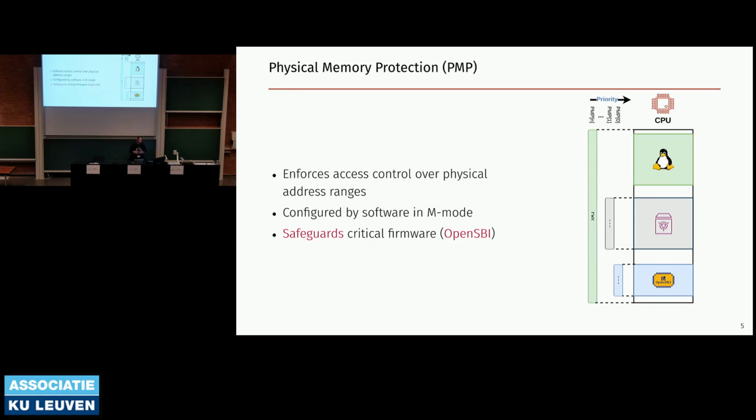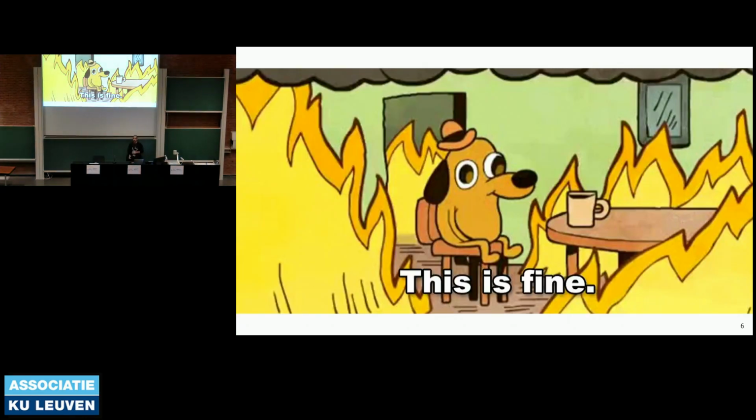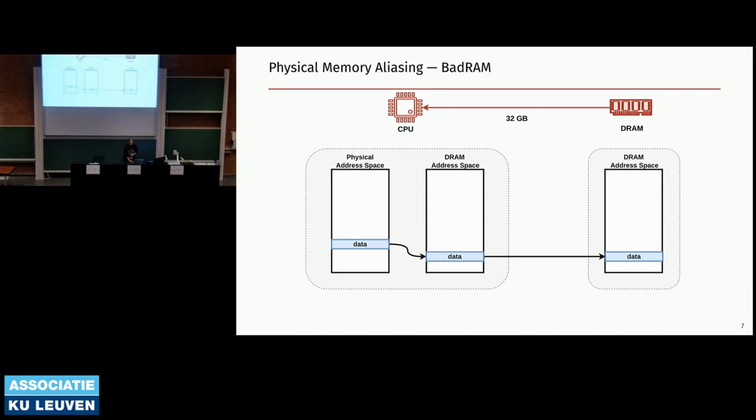And so far I mentioned an ISA isolation mechanism that operates on physical addresses, and I've also mentioned a primitive that also messes with physical addresses and creates physical aliasing. So this should be fine. There's no problem. If I want to talk a little bit about BadRAM, we basically have this SPD chip that says to the CPU, hey, this is the amount of DRAM you have, and the CPU then will have a view of the physical address space.